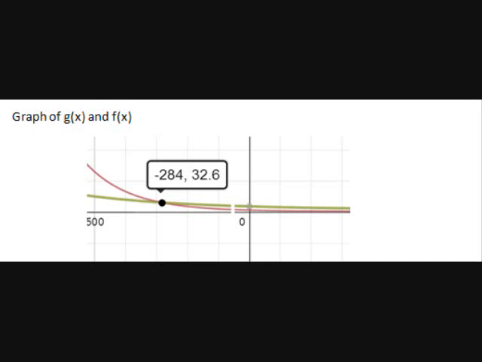This is actually a very large x value. Arguably, some people may think that it's actually a very small value, but that's arguable. For me, I believe that this would be sufficient for the plan. So negative 284 would be a good x value for the point of intersection, and the plan works.